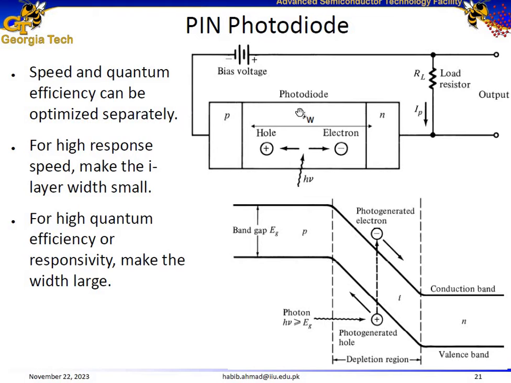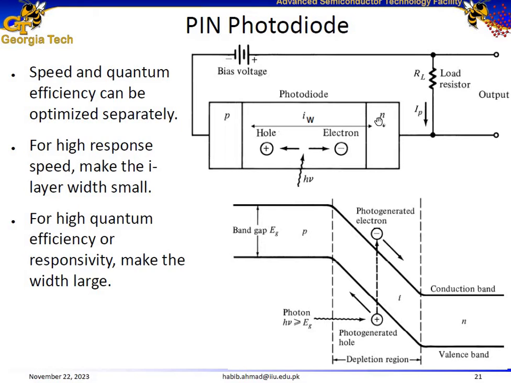So in case of some semiconductors, this actually means a lightly doped layer, but generally we can assume it as an intrinsic layer. So we have a p-type layer, an intrinsic layer, and an n-type layer. Once again, this works under reverse biasing, and we have a load resistor across this configuration to measure voltage across the photodetector.